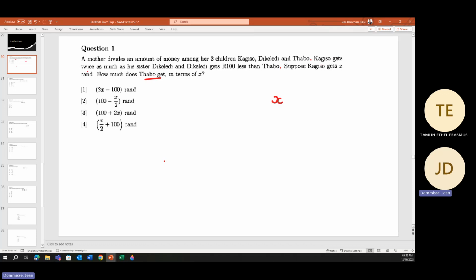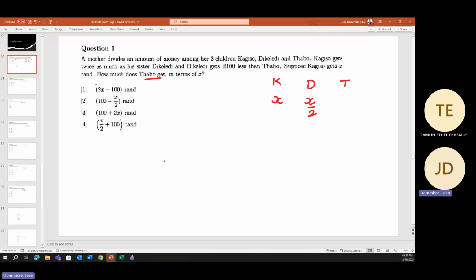Kagiso gets twice as much as his sister. So if Kagiso gets X, the sister gets X over 2. So let's say that is Kagiso, and that is the sister, and then we're looking for Tabu.